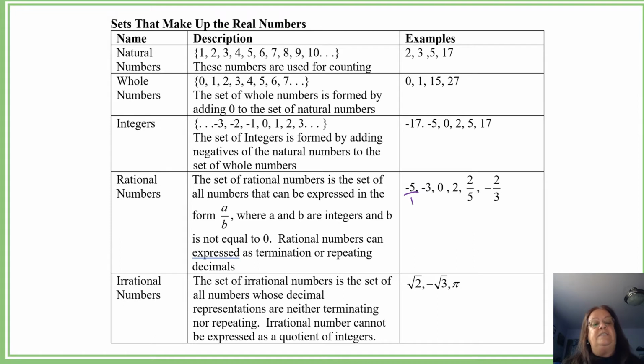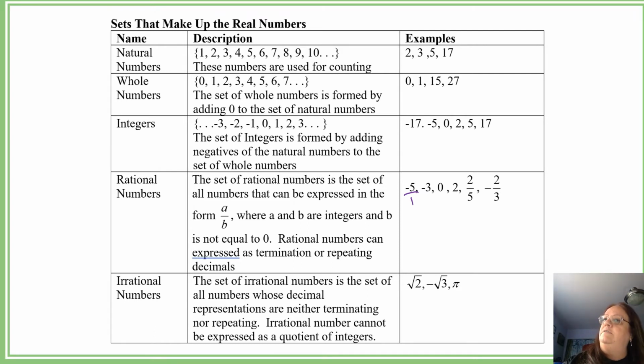Now we do have something, you notice at the very bottom, irrational numbers. These are numbers that cannot be expressed as a fraction. Hard to believe that's true, but there you have it. Irrational numbers are never repeating, never ending decimals. Generally they are square roots of non-perfect squares. Square root of 4 is a rational number because the square root of 4 is 2.